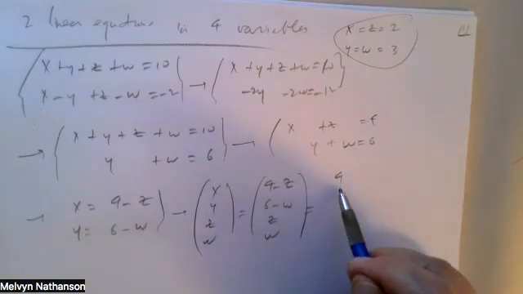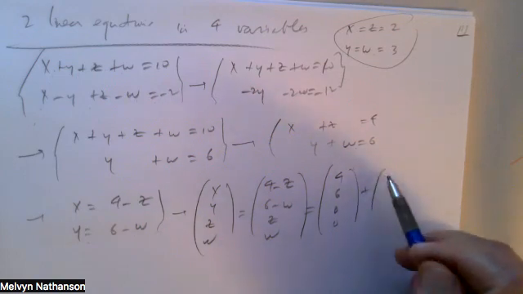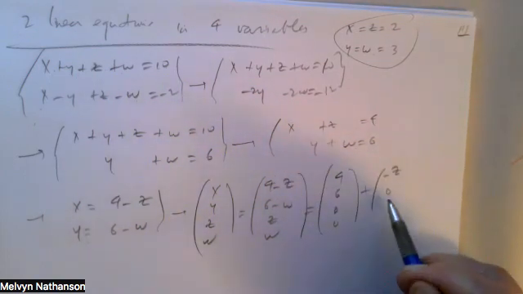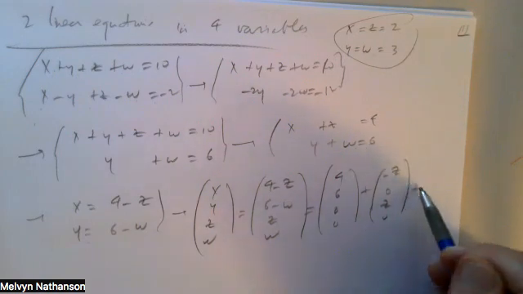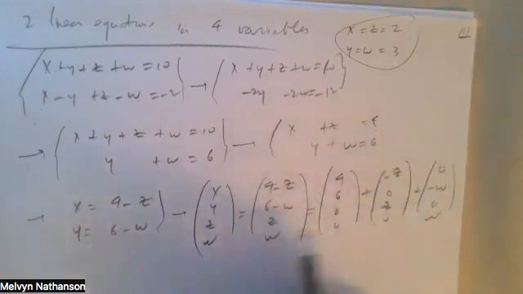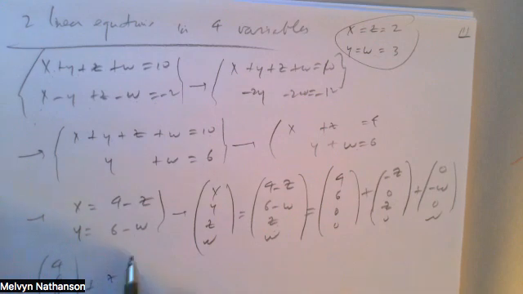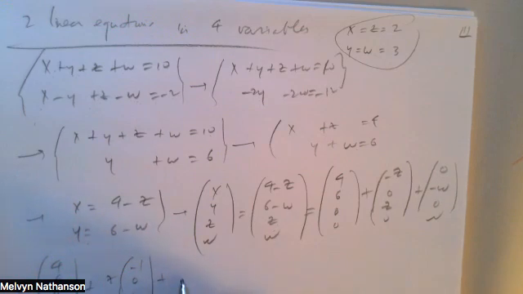I can write that as 4, 6, 0, 0 plus minus z, 0, z, 0 plus 0, minus w, 0, w. You'll see if I add them up, it gives me exactly this. This is 4, 6, 0, 0 plus z times the vector minus 1, 0, 1, 0 plus w times the vector 0, minus 1, 0, 1.